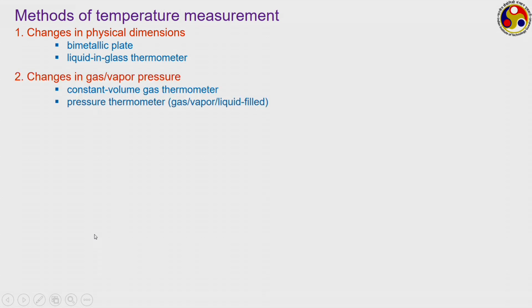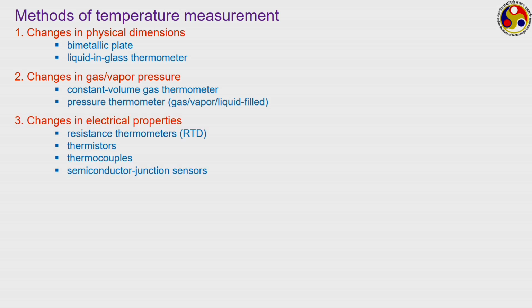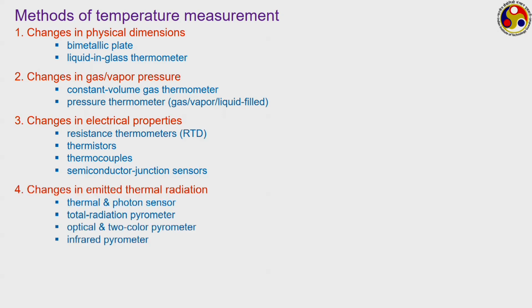Then change in gas or vapor pressure, constant volume gas thermometer and pressure thermometer, which can be gas filled, liquid filled or vapor filled. Then we can talk about the changes in electrical properties. There are several very popular options like the resistance temperature detector, RTD in short, thermistors, thermocouples, probably the most common method for technical use, and semiconductor junction based sensors.